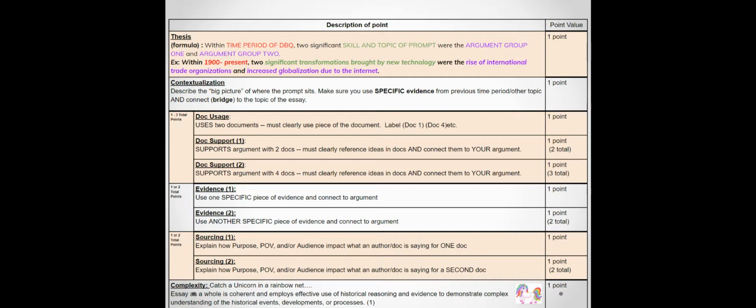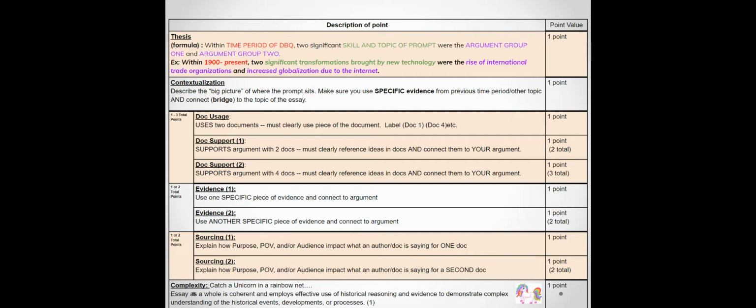Do it for a different document. Do it for a second document. Remember, it's got to be a specific piece of evidence, a place, an event, a pattern, something that has to connect to the content of a specific document. If you just happen to mention something willy-nilly, it does not count. But again, now that's worth 2 points. Do it twice, 2 documents.